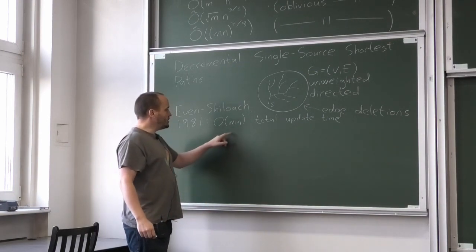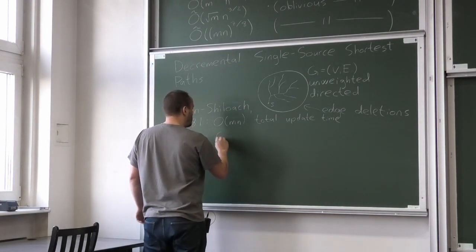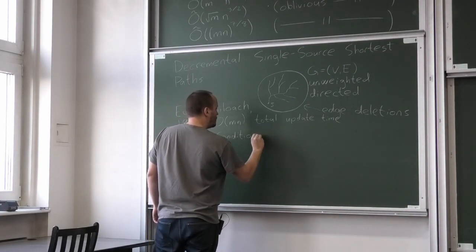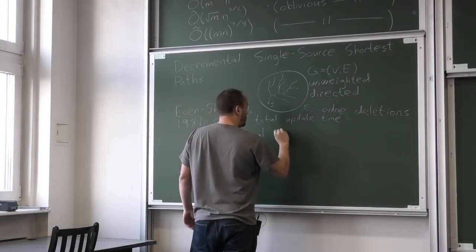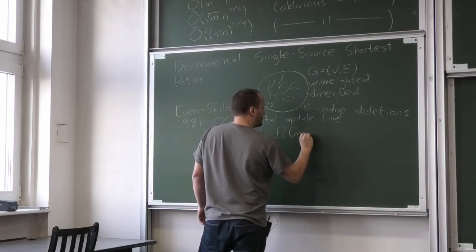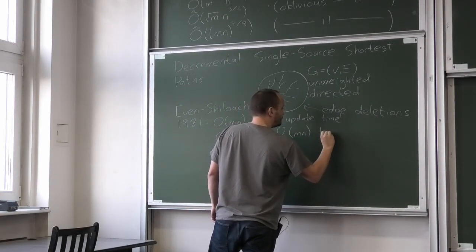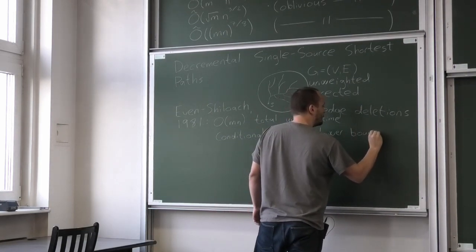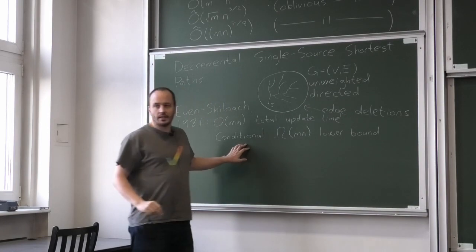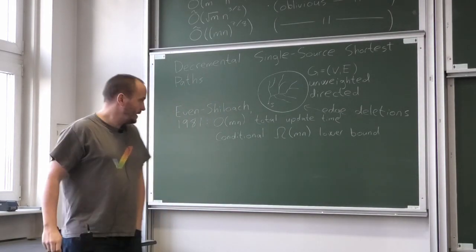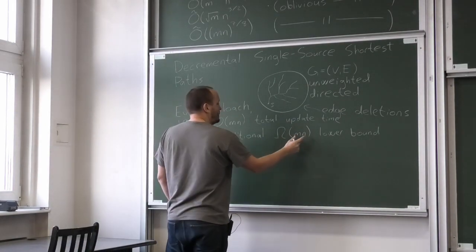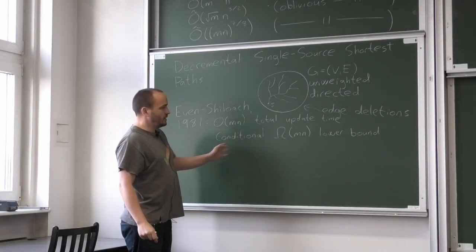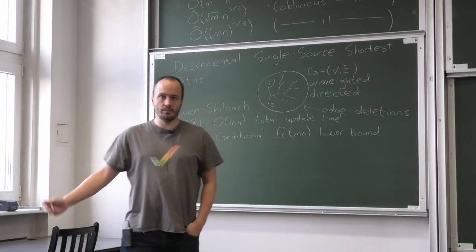And actually there are conditional lower bounds, so there's a conditional lower bound of mn. So conditional means that it's not shown to be a lower bound, but if you can break this bound, then it will have consequences for many important problems.